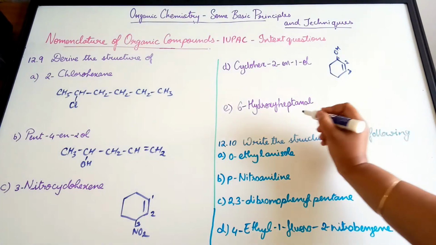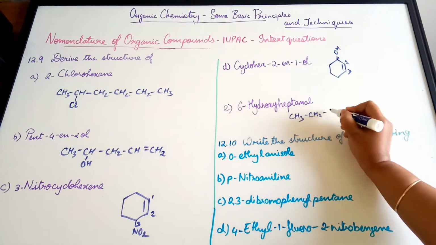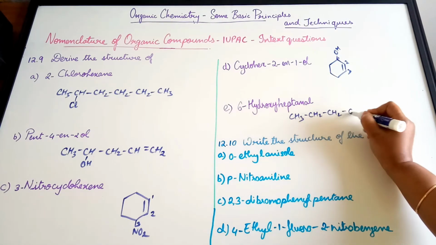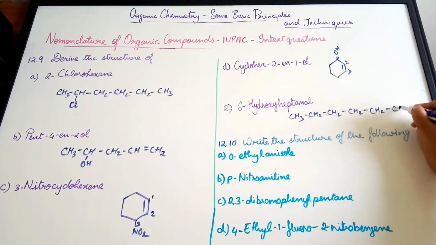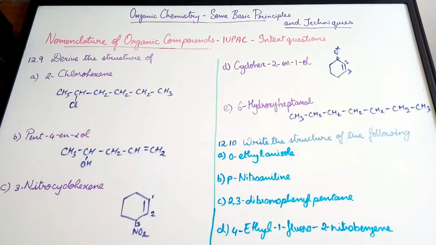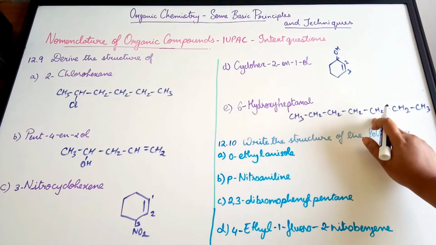Now hydroxyheptanal. So heptane has 7 carbon atoms. So first let's write that CH3, 1, 2, 3, 4, 5, 6 and 7. So there are 7 carbon atoms in heptane. Now at the 6th position there is a hydroxy group, and hydroxy group means it's an OH. So 1, 2, 3, 4, 5 and 6.